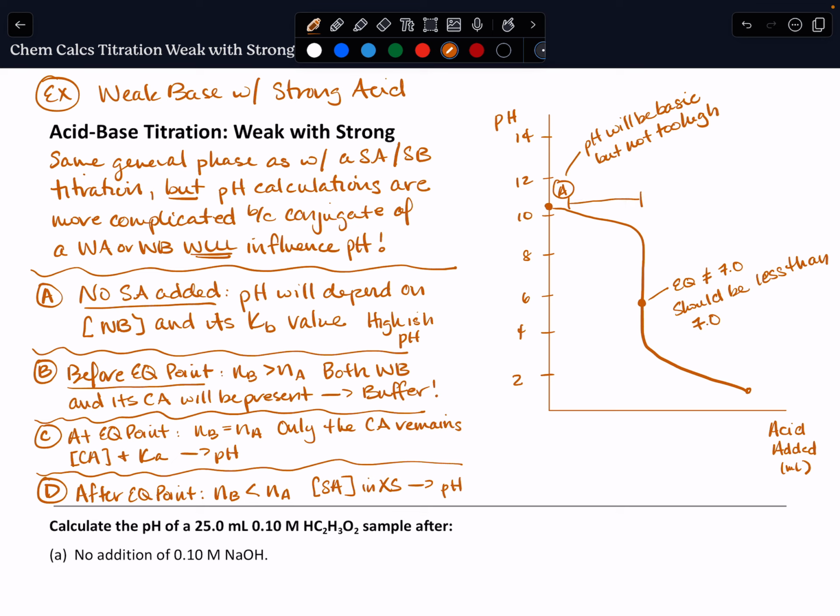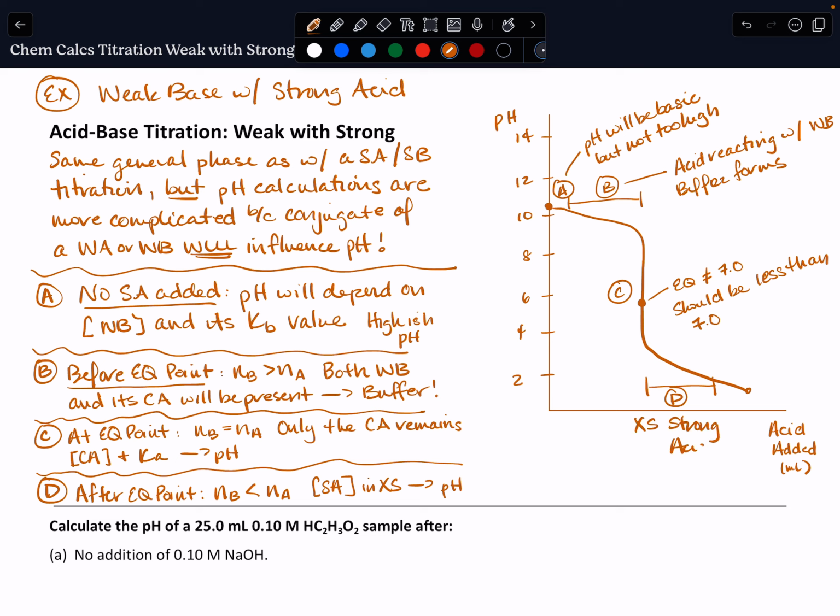All right, then we're going to have this piece, B, where we have acid reacting with weak base, and a buffer forms. All right, and then we see that equivalence point, and then down below, this is going to be our excess strong acid.